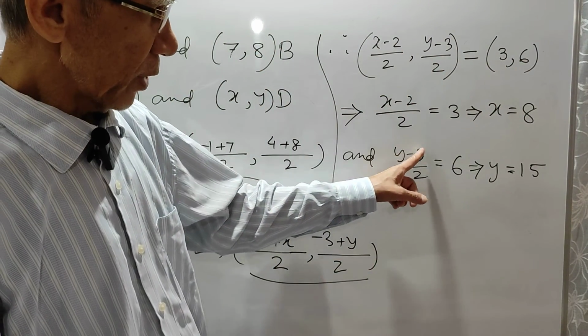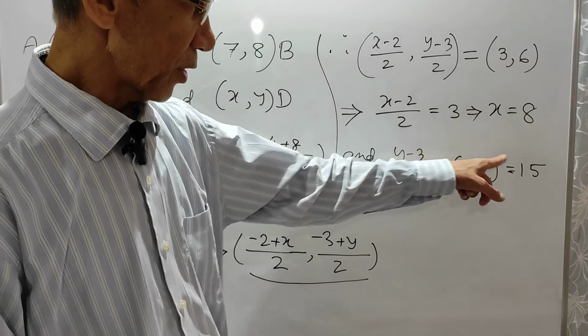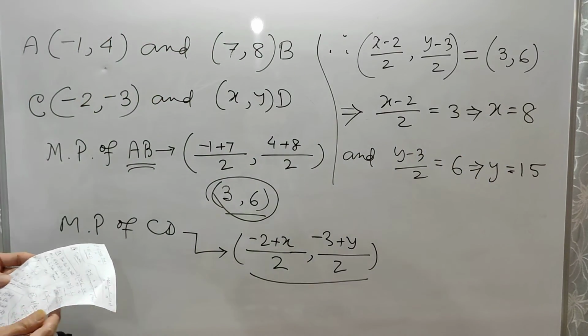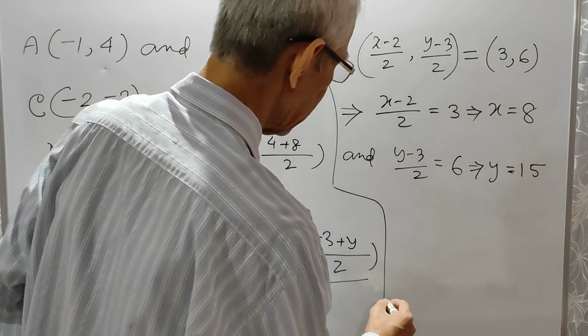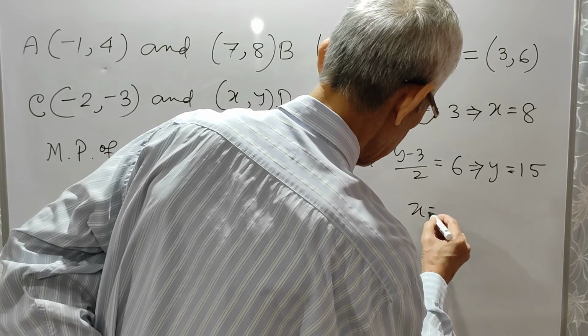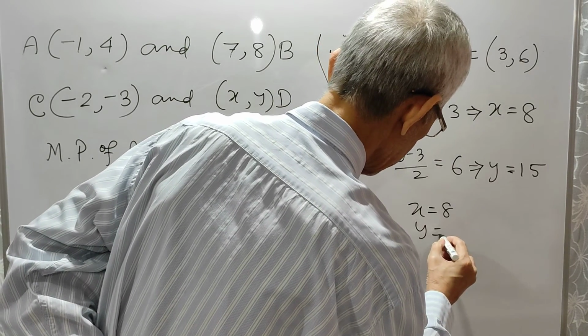If you cross multiply, y minus 3 equal to 12, so y equals 12 plus 3, which is 15. Finally, x equals 8, y equals 15. This is the answer.